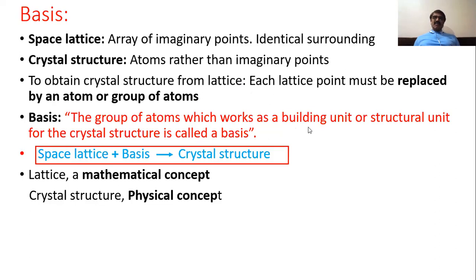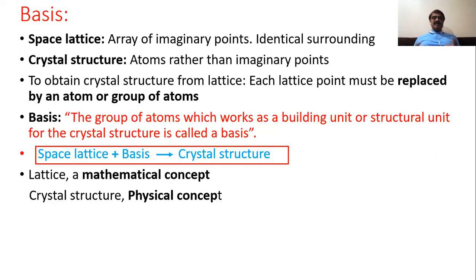Okay, now the important characteristic of the basis is that this group of atoms, what we call a basis, is a building unit or structural unit of a crystal structure. So when a lattice point is replaced by this group of atoms, we find a crystal structure.